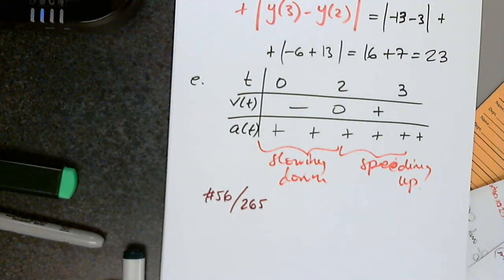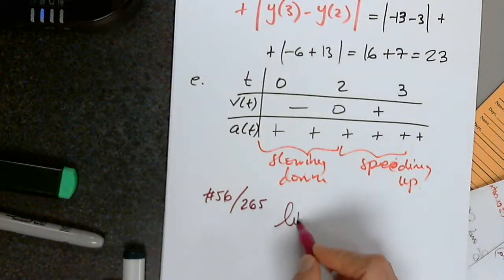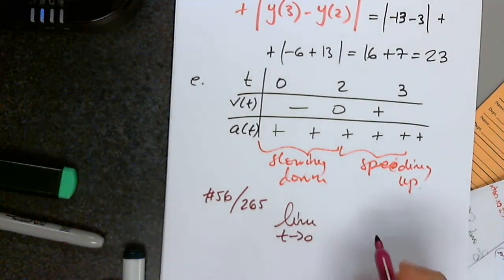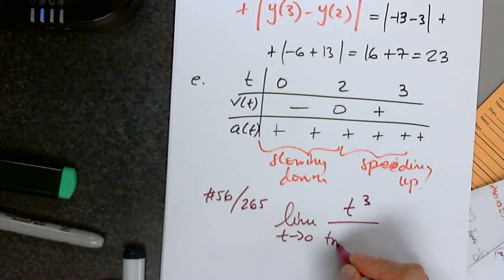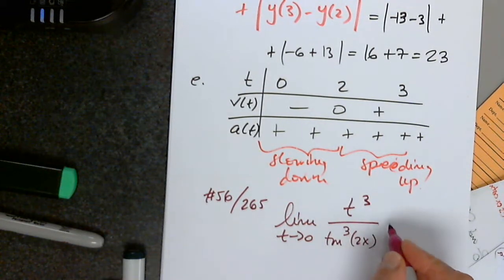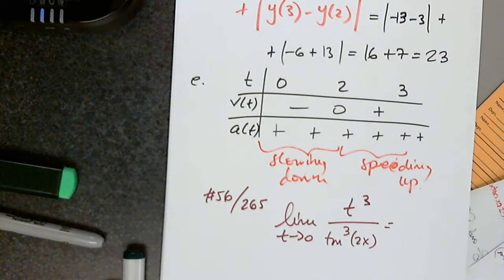Okay, so we have the limit as t approaches 0 of t to the third divided by tangent cubed of 2x. When I'm asked to determine a limit, what is the first thing I have to do?